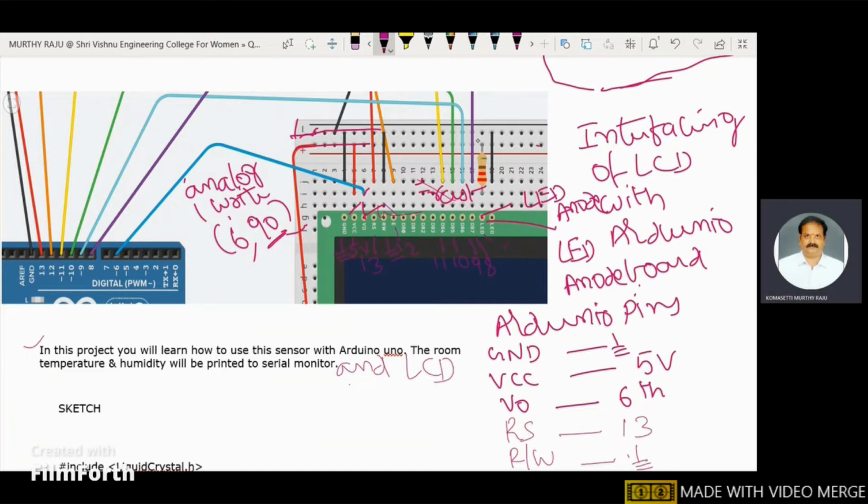The LED anode is connected to the VCC line through a 220 ohm resistance. The LED cathode is connected to ground. These are the connections we will make between the LCD and the Arduino board.